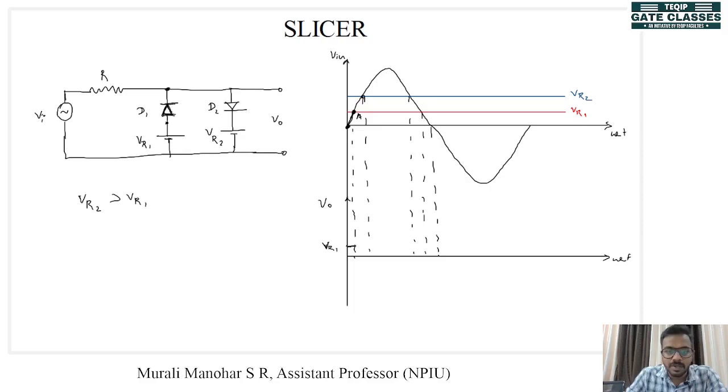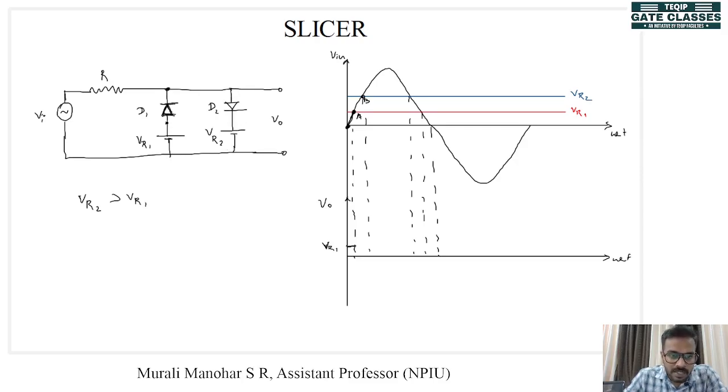Let's call this point B. So what happens between point A and B? When voltage is above VR1, then the cathode voltage of diode D1 is more than the anode voltage. Diode D1 is turned off, right? Also, diode D2 has a cathode voltage equal to VR2.